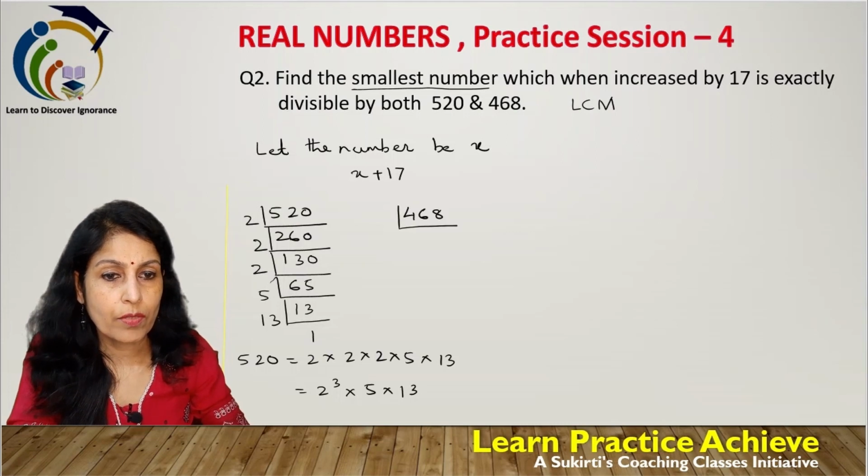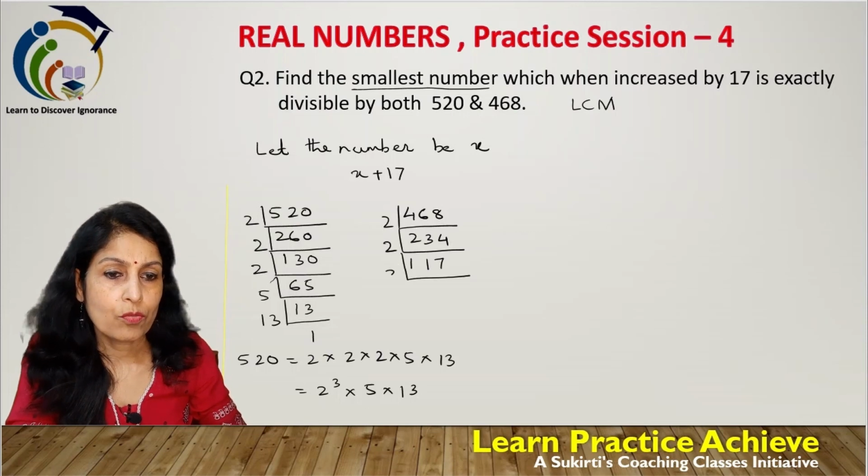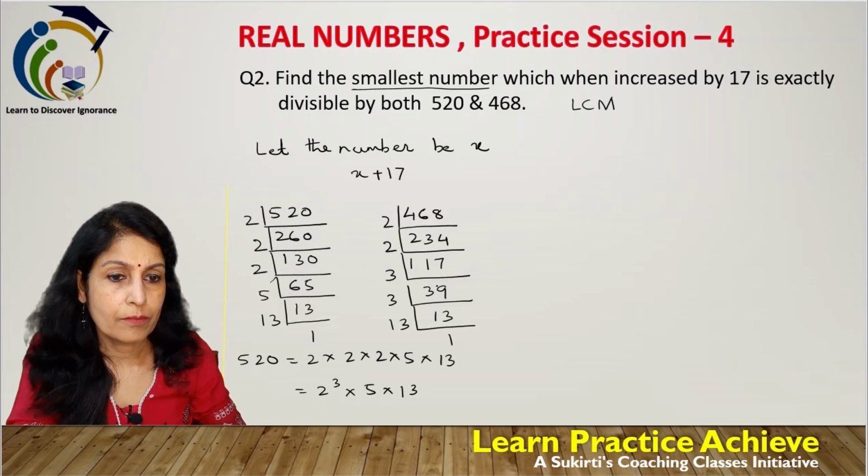468, again it will go by 2, 2 times 234, again 2, 117, then 3, 39, again 3, 13, then 13, 1.